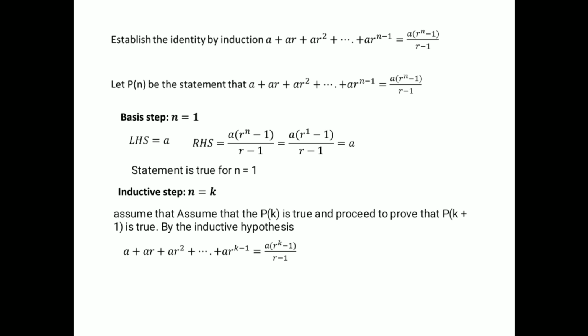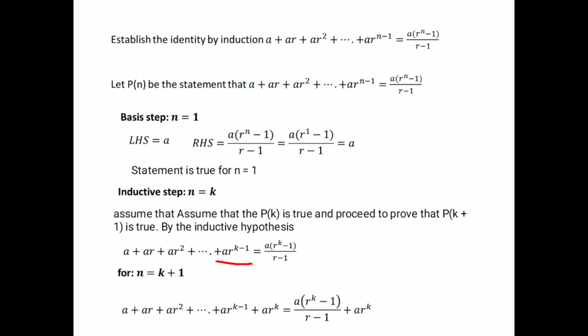Okay, just replacing n with k. Then we continue for n equal to k plus 1, for which we must find the k plus 1th term, which is the next term after k. That means substituting k with k plus 1, and we are going to have this.